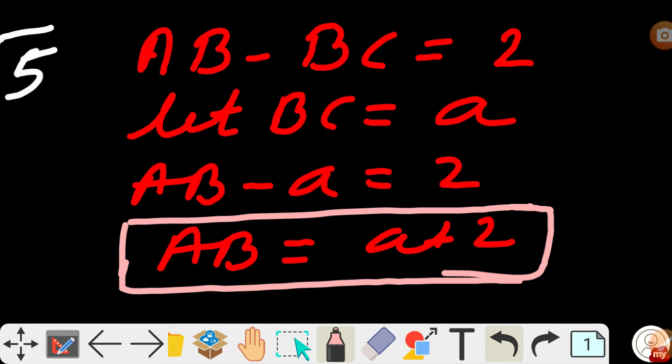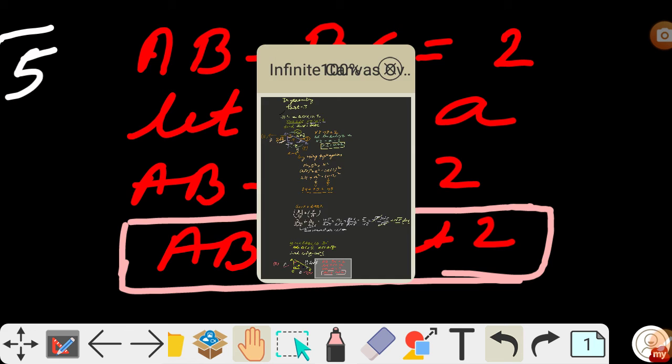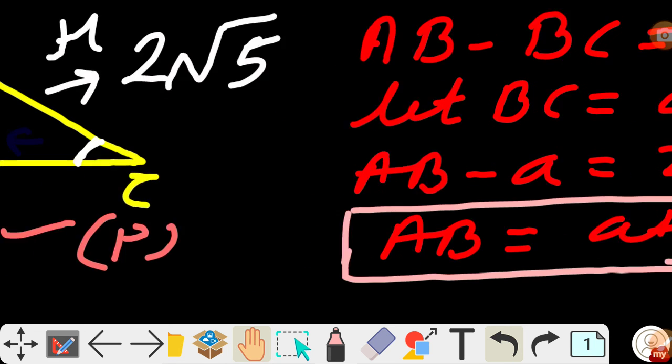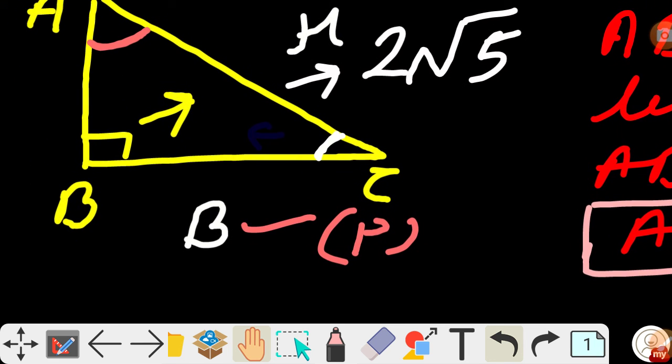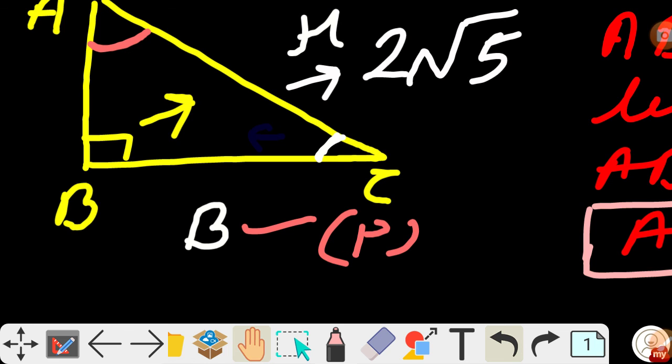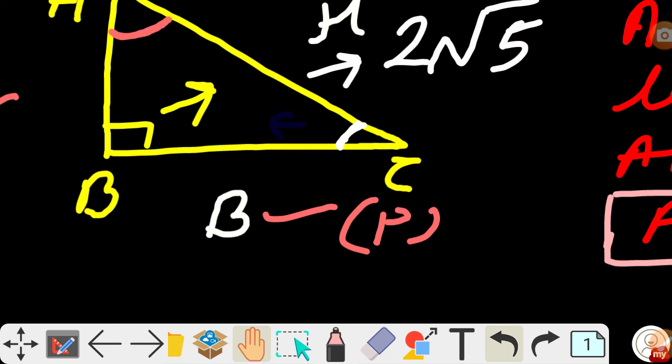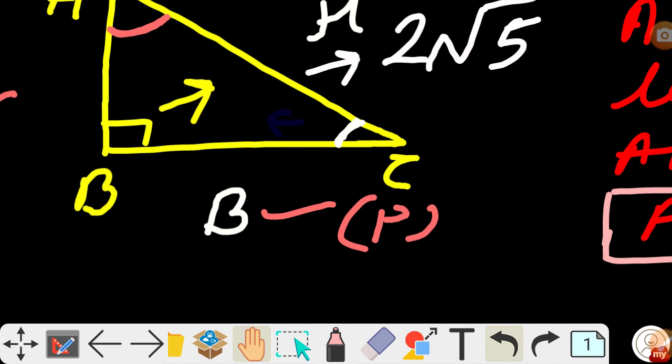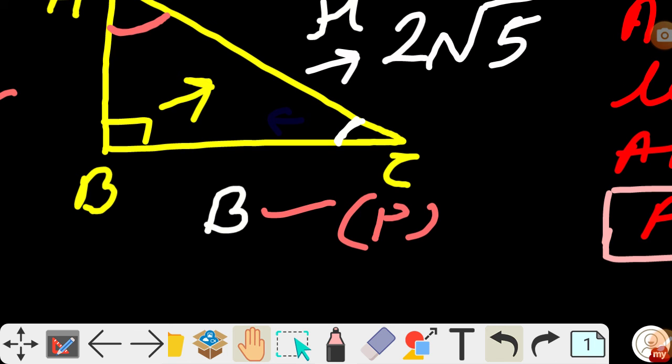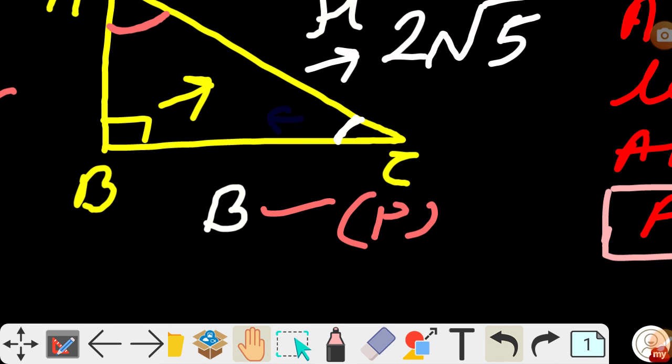So now apply the Pythagoras theorem, because you have three sides, but the sides are unknown variables. To solve this question you require all the sides. So we know that by Pythagoras theorem, AC square equal to base square plus perpendicular square.